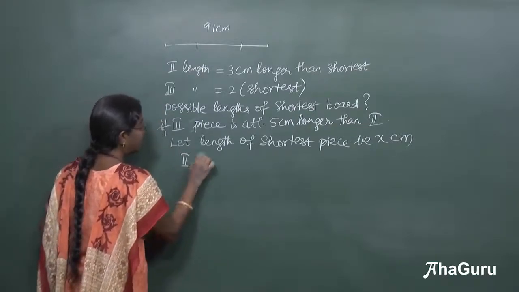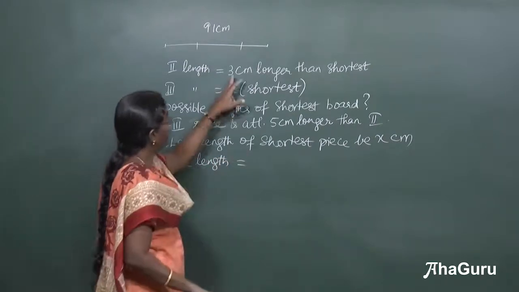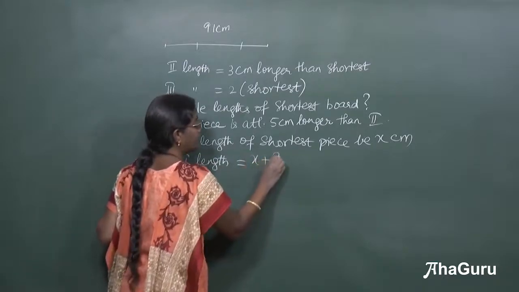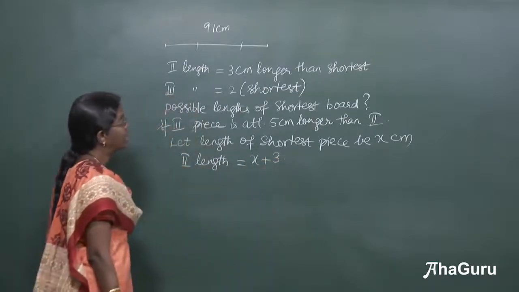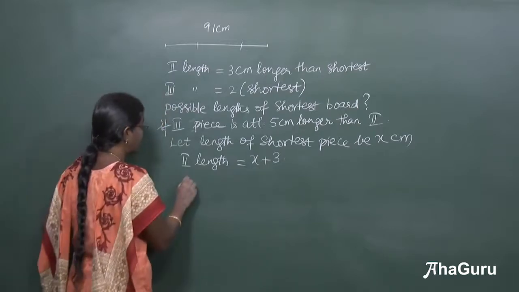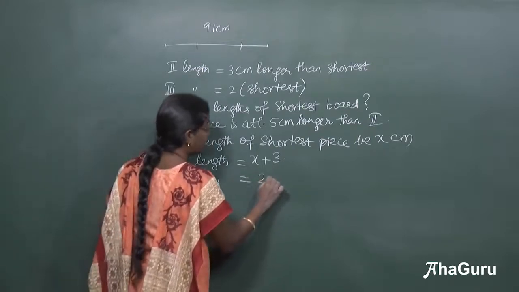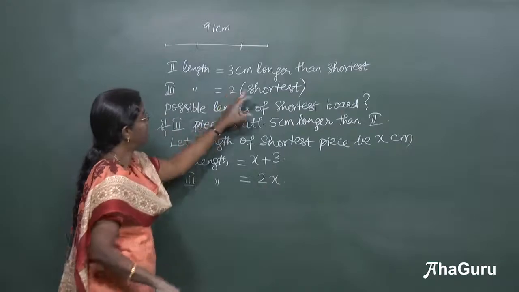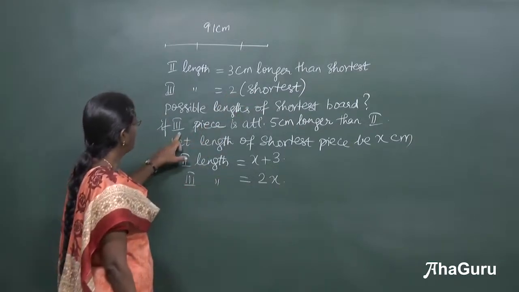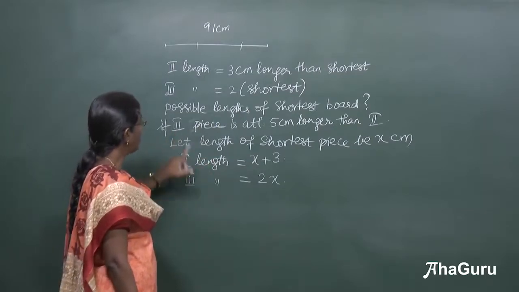The second length is 3 centimeter longer than the shortest, so x plus 3. What is the other one given? The third length is twice the shortest, 2x.